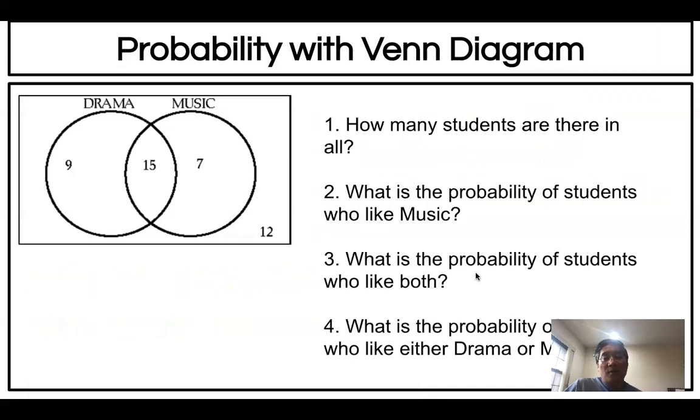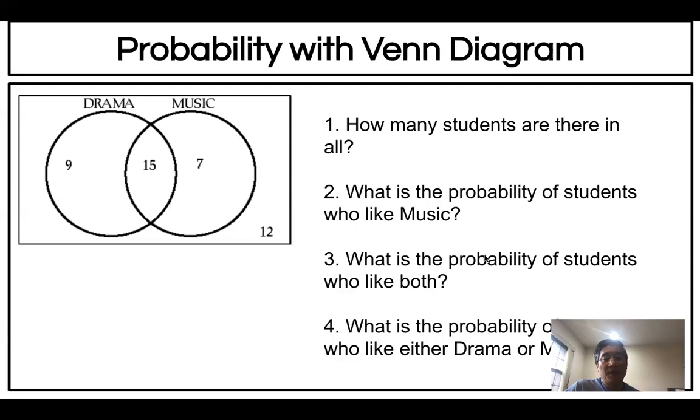So let's get some more problems with the probabilities. How many students are there in all? We know already 43, right? What is the probability of students who like music? We already did 22 out of 43. Then what is the probability of students who like both? What is both?